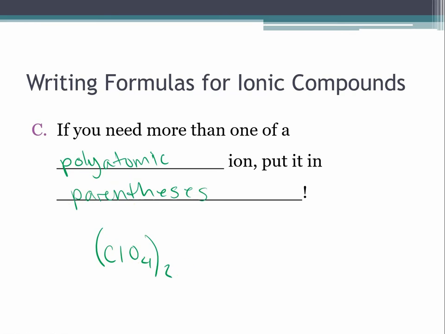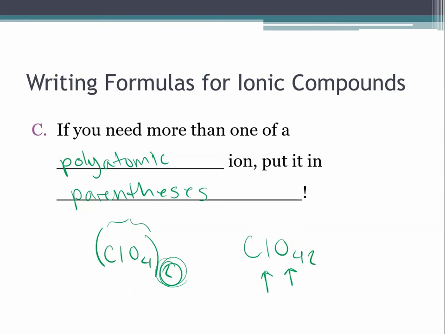What that meant is that we needed 2 of our perchlorates in that formula. So if you need more than one of a polyatomic ion, you'll put it in parentheses and then show how many you need, because otherwise you end up with ClO42, and it looks like you have 1 chlorine and 42 oxygens, which is, again, not a thing.